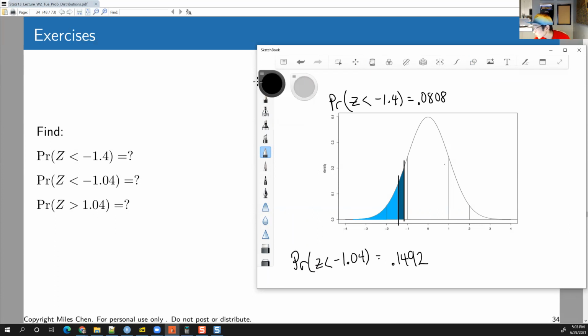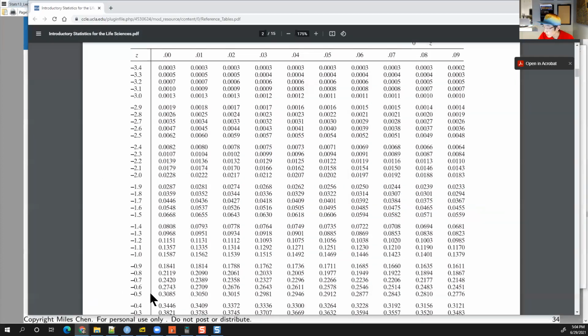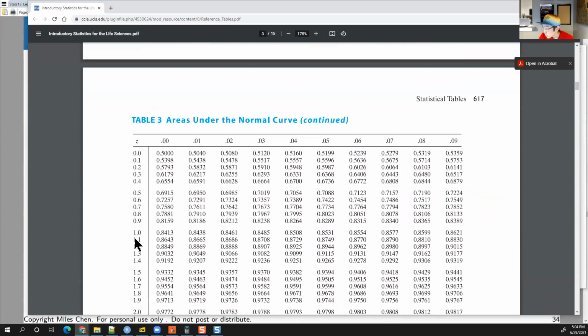If we did greater than 1.04, I would draw a vertical line like right here, and I would shade everything to the right. So everything over here. All right, and how much is that? Well, we could look up positive 1.04.